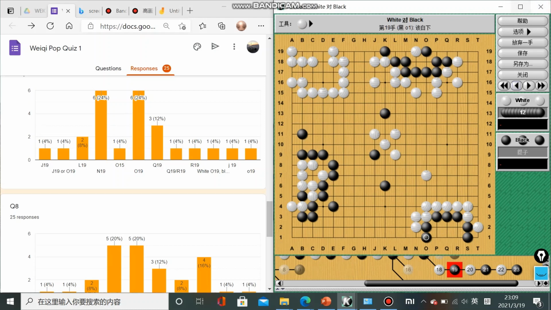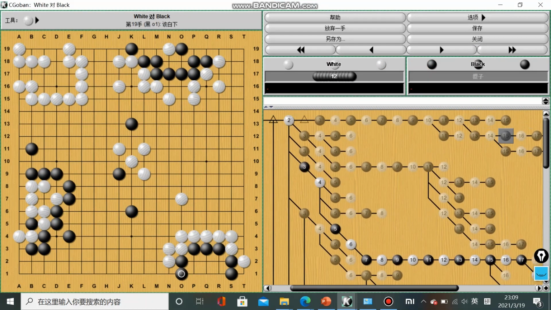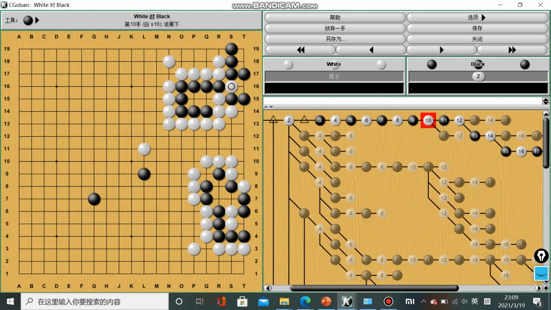And question 9. So S16 is a very good move. What will happen after this?